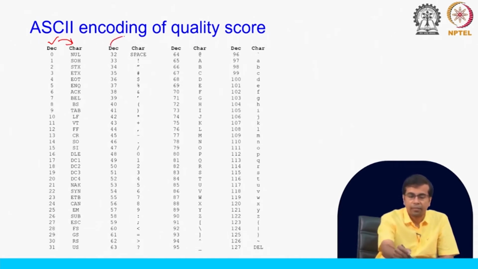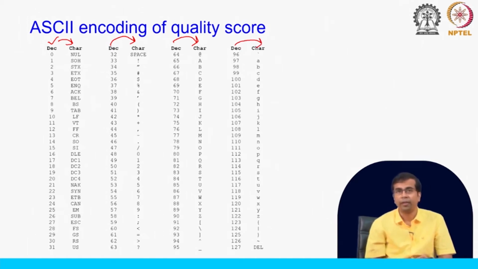Okay. And similarly, we have these 4 columns, right. So, for numbers from 0 to 127, you have these corresponding characters. Okay. So, these characters can represent these numbers and this can help save space when you are representing these quality scores. Okay.